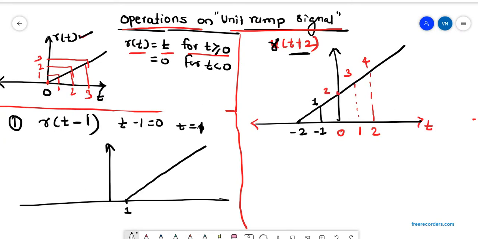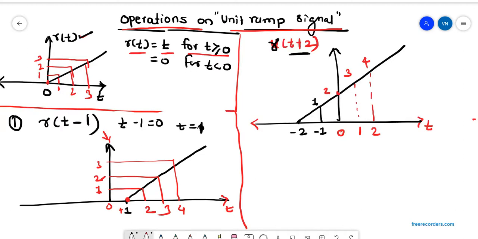So for t equal to 1 we have 0 amplitude, for t equal to 2 a 1 amplitude, for 3 a 2 amplitude, for 4 a 3 amplitude, and that signal continues for whatever the time.